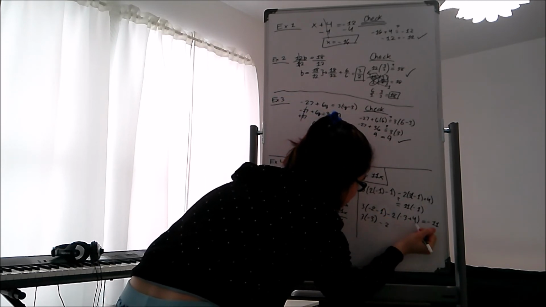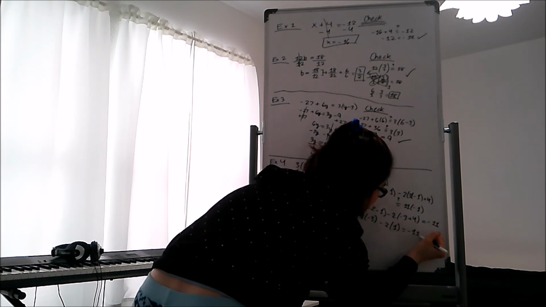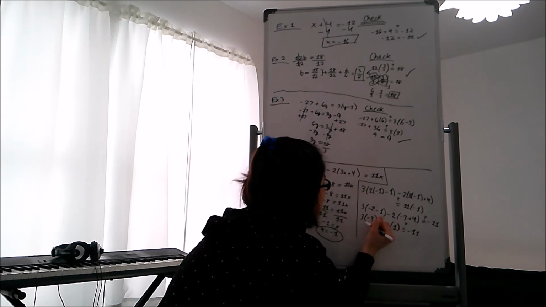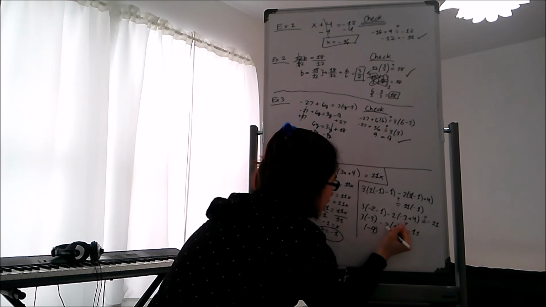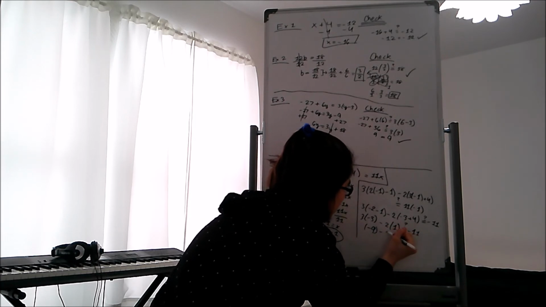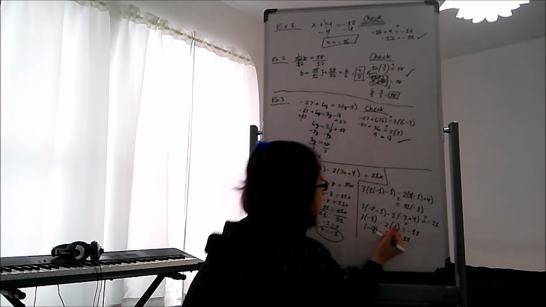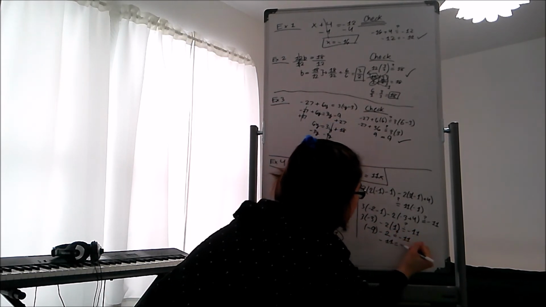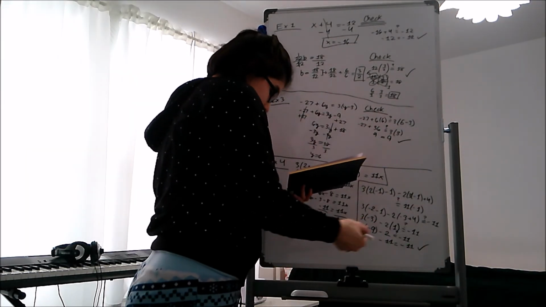Negative 3 plus 4 is 1, minus 2. 3 times negative 3 is negative 9. Negative 2 times 1 is minus 2. And then we've got negative 11. And negative 9 minus 2 is indeed negative 11, so this solution checks out, and x does equal negative 1.